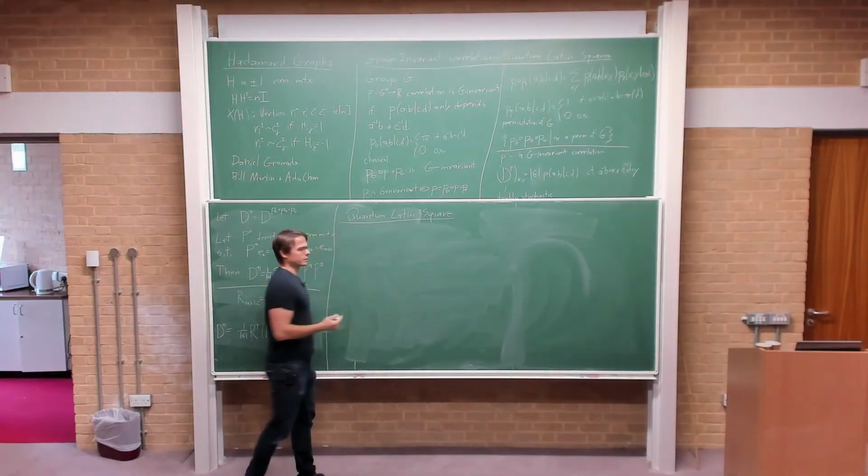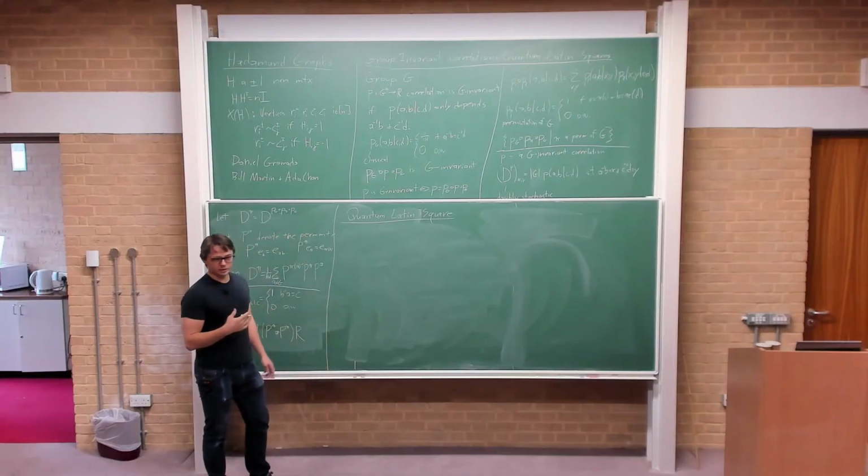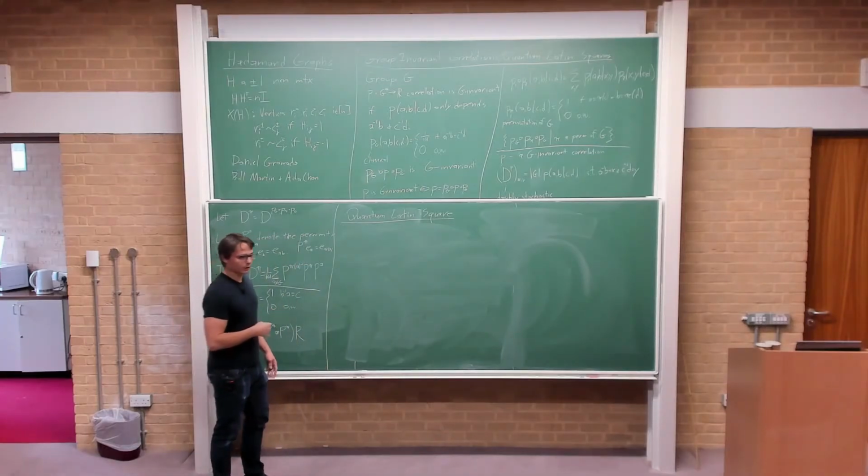Maybe I should say what a Latin square is first. A Latin square, the classical kind of thing, is an n by n array where every row and every column has the numbers 1 through n in some order. So every number appears exactly once in every row and every column.